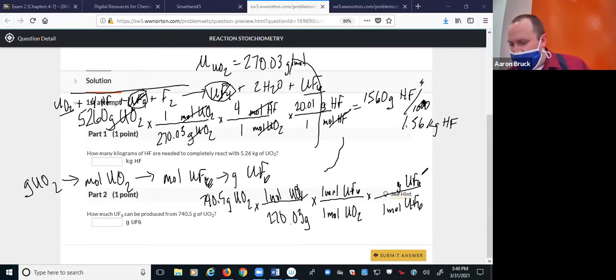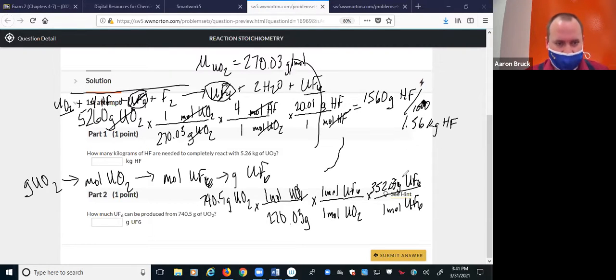For that, we're going to need to calculate again. Uranium is 238.03. Each fluorine is 19, so 19 times 6, 352.03. Yes, 352.03.